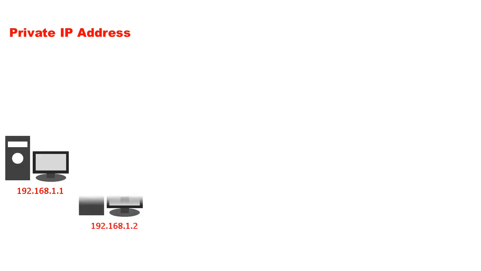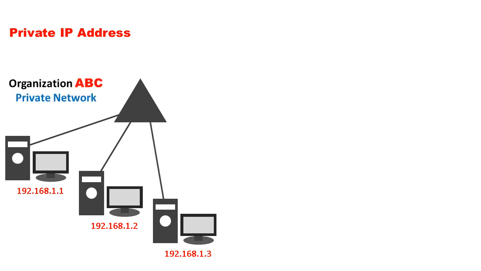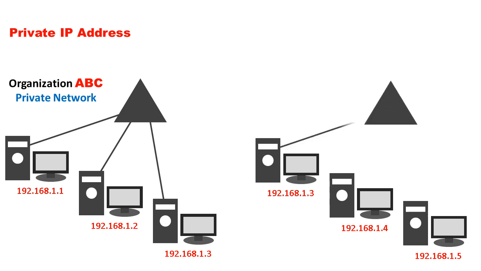Now let us discuss private IP address. Private IP addresses are local or internal addresses that are assigned to the devices of an organization for the purpose of internal communication among different devices.